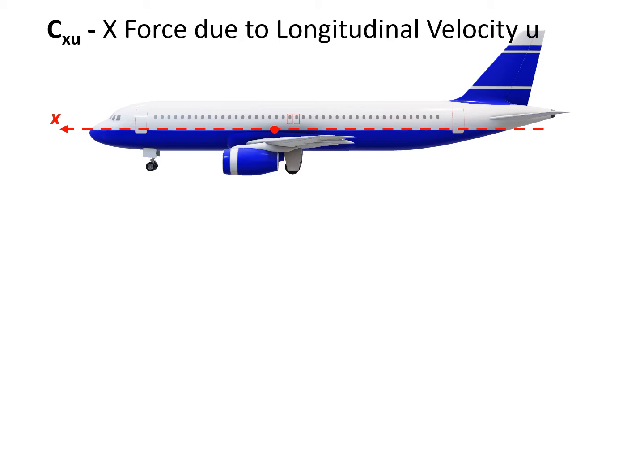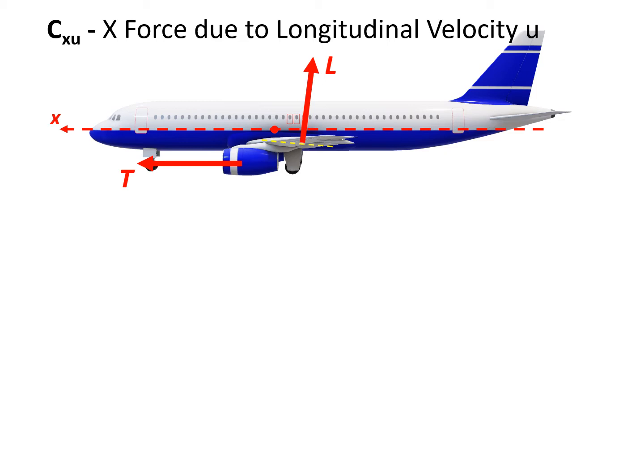Okay, we are having this aircraft again, but now it's in a side view. And since we are looking at the x force, we need to analyze the force acting on the aircraft first. So what we have is thrust from the engine, and we have the lift from the wing.